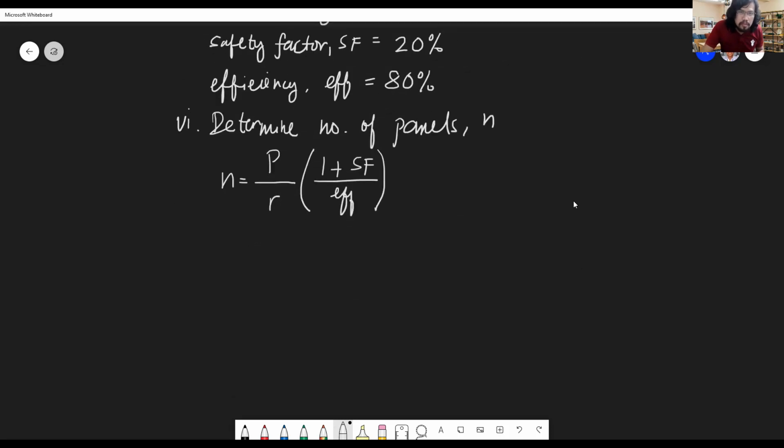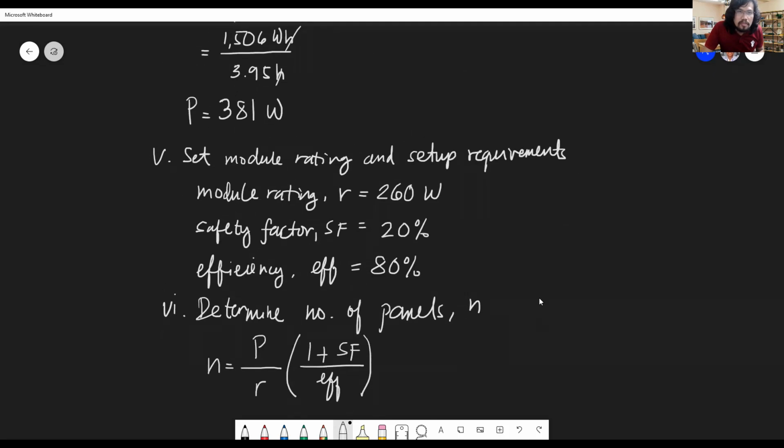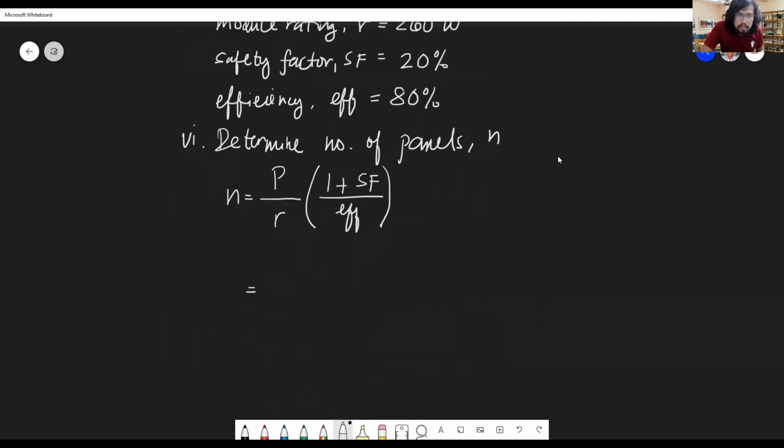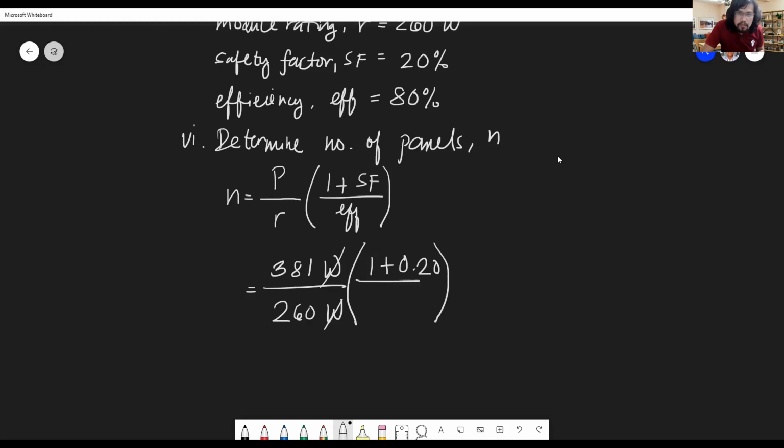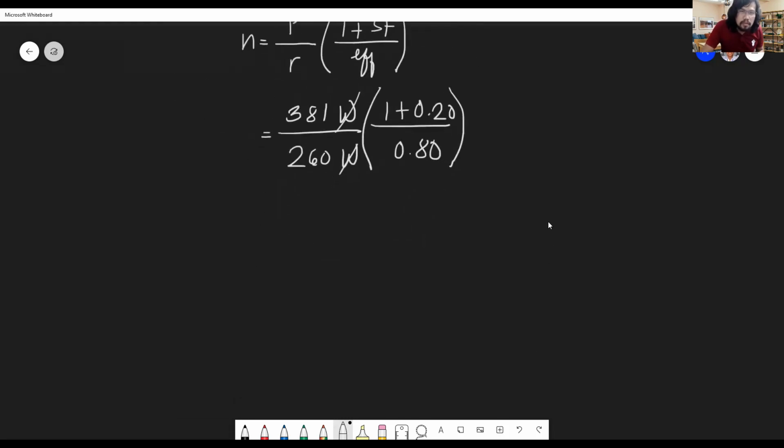When you plug in the values, P is 381 watts over the module rating of 260 watts. So eventually this will cancel out, multiplied by the safety factor and the efficiency.